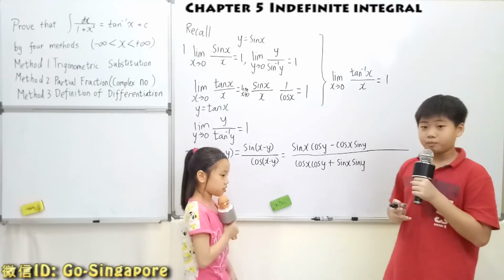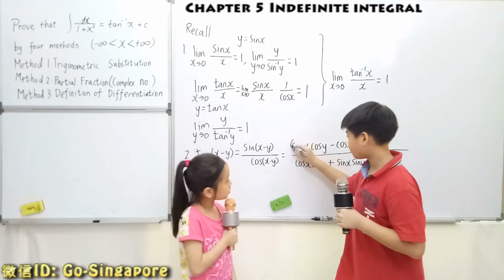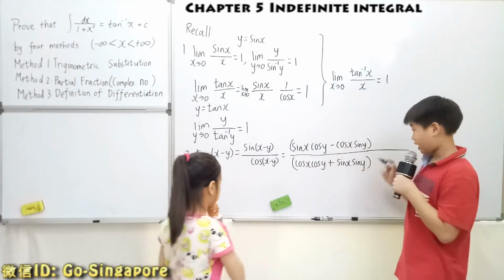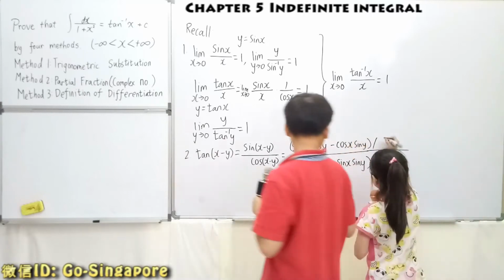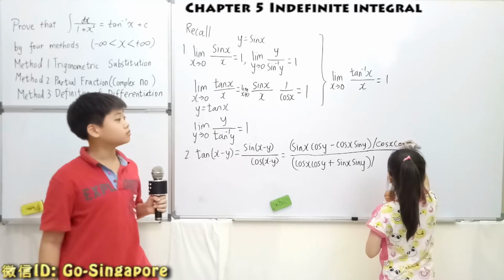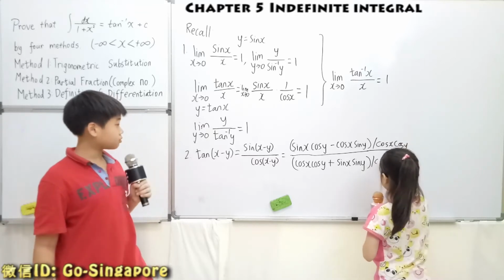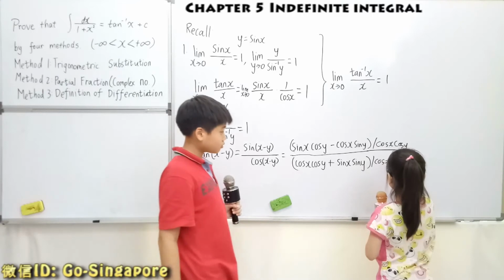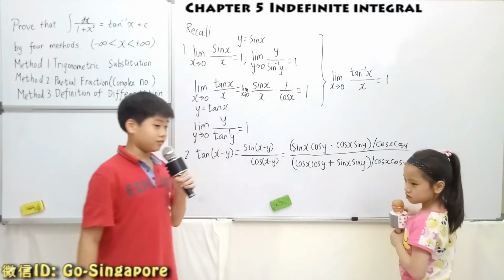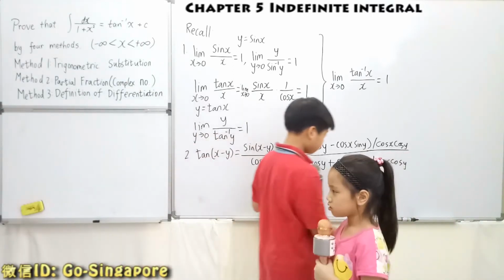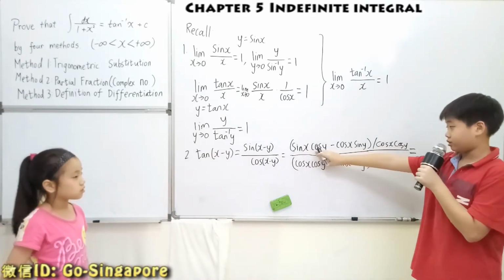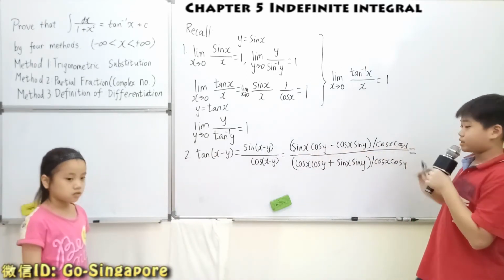Can we both divide by something? Yes. What do you want to divide? Okay, so you want to divide by that. So right now over here, you already have the cosine y, so you're missing the cosine x, right?